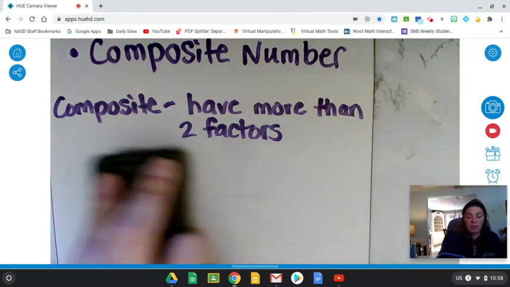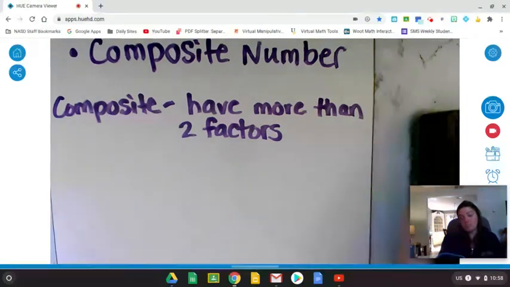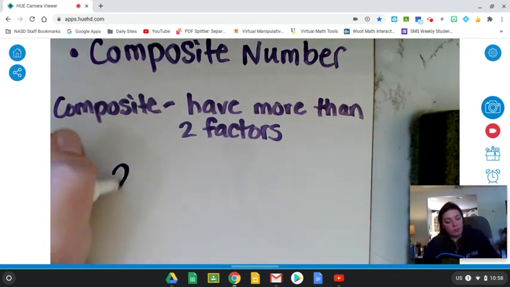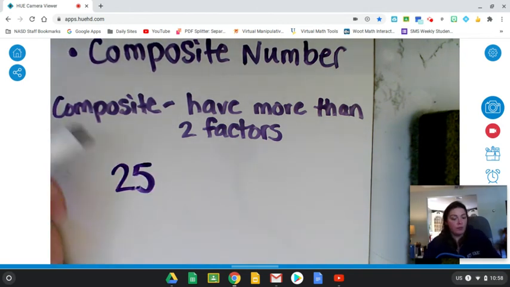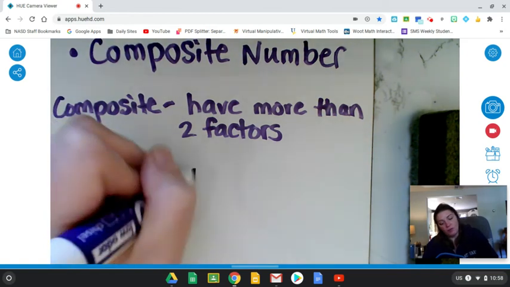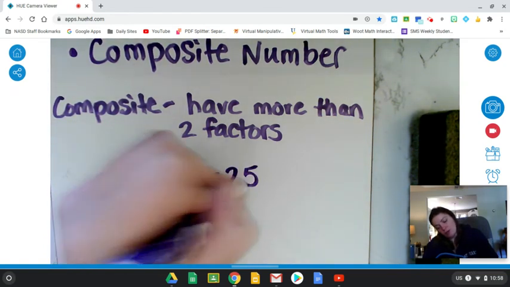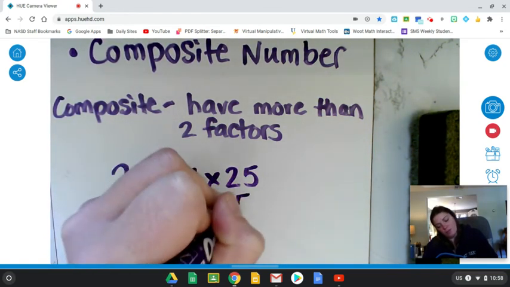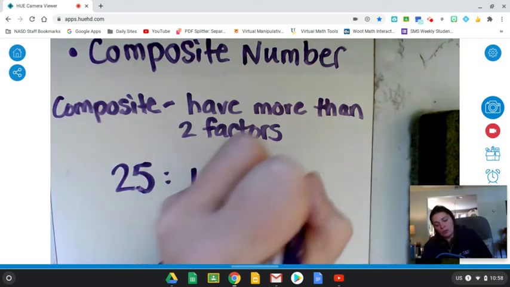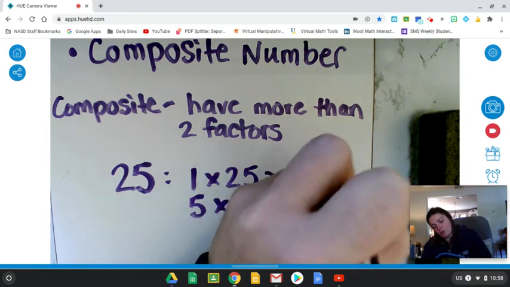Can you think of another odd number that's composite? What did you come up with? A common one is 25. 25 is odd because it ends in a 5. It's not divisible by 2. So what are the factors of 25? 1 times 25 and 5 times 5. So because there are more than 2 factors, we have 1, 5, and 25.